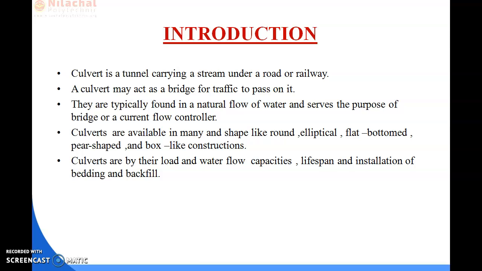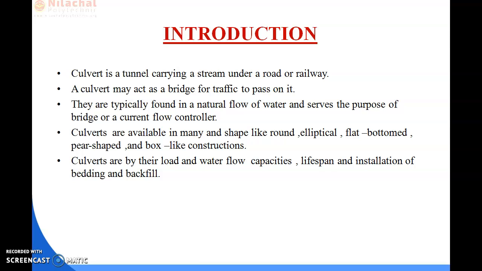So first we know what a culvert is. A culvert is a tunnel carrying a stream under a road or railway, and a culvert may act as a bridge for traffic to pass on it. They are typically found in a natural flow of water and serve the purpose of a bridge or a current flow control.